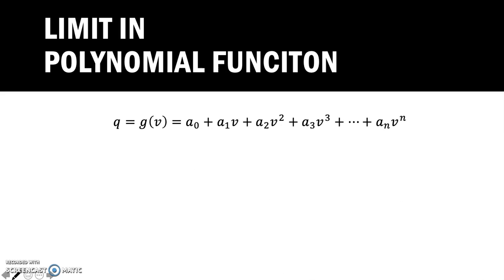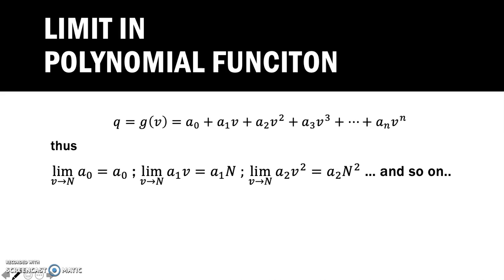We know that the polynomial function has a form as follows. If we want to find the limit of the polynomial function, we can divide it into each term and work on the limit of each one. This is a constant, and based on the constant limit theorem, the limit of a constant function is just the constant itself.